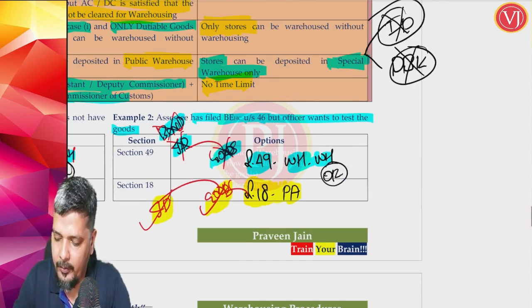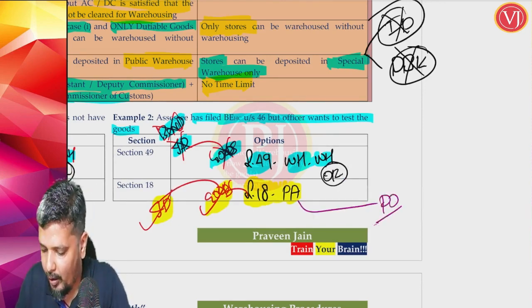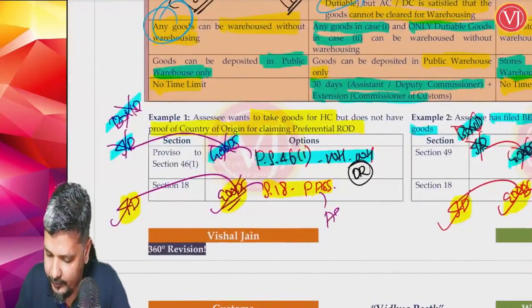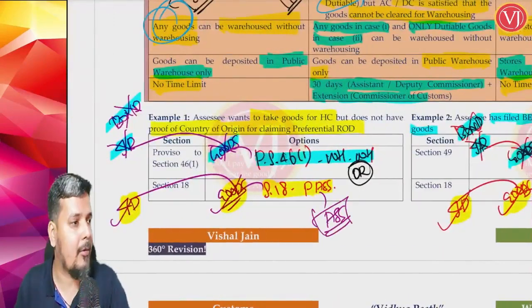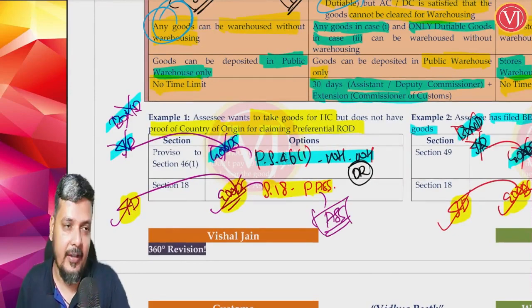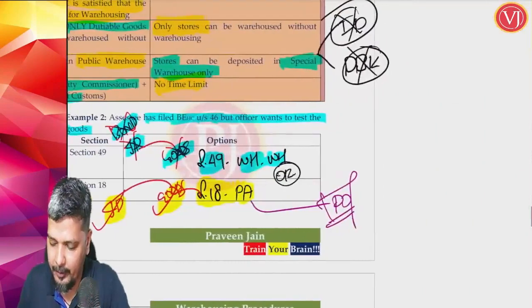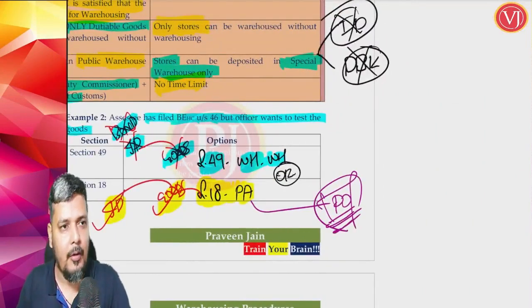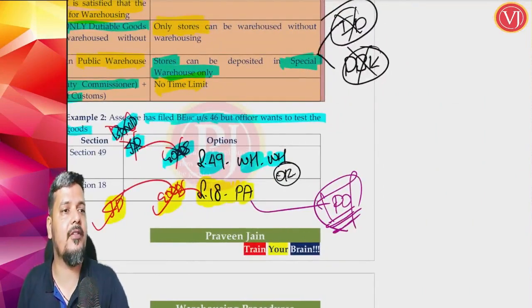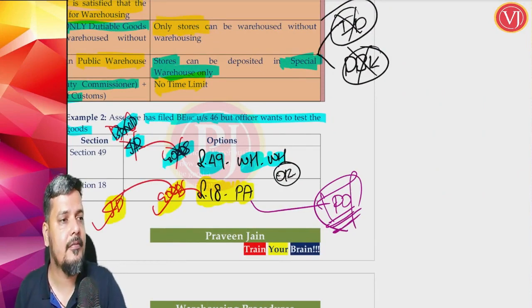In the earlier case, who initiated provisional assessment? The assessee, who was not clear about the rate of duty. Here, who is initiating it? The proper officer. So provisional assessment in customs can be initiated even by the proper officer.